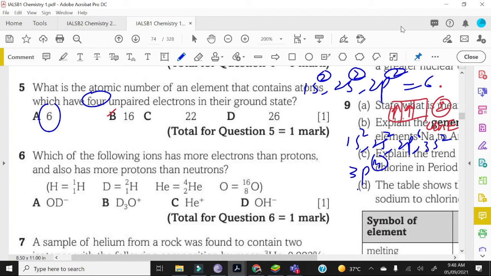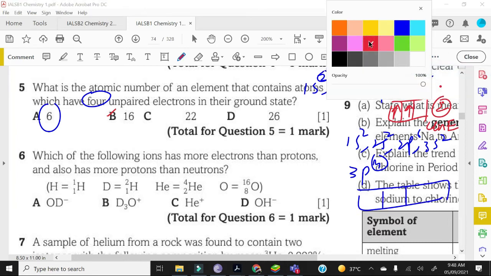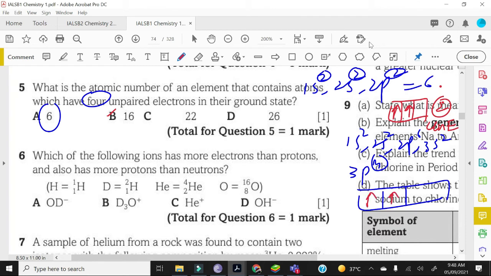Now let us explore the p with unpaired electrons here. The number of electrons that we have in the p are 4. So, how many unpaired electrons do you see? Only 2. So, this is not the option.